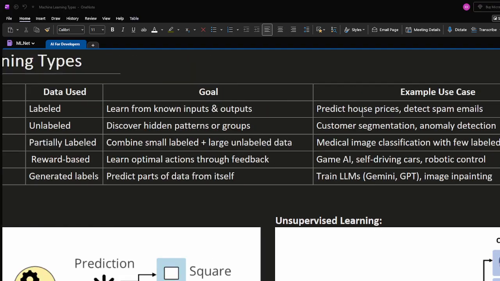Some examples of supervised learning are predicting house price. Let's say you have data where we have some parameters which are deciding factors for house price, and spam detection of emails. So this model is trained from data where we labeled, let's say, which email.